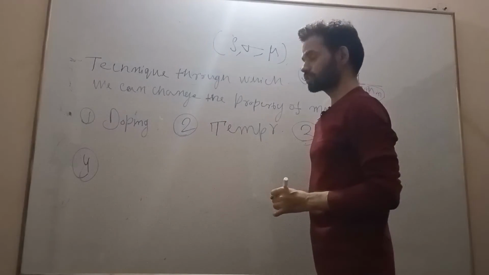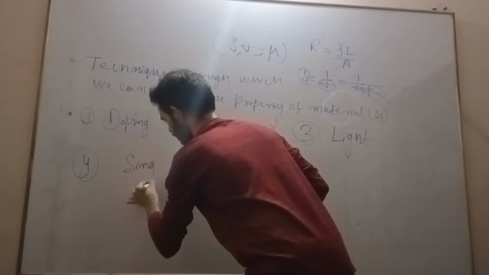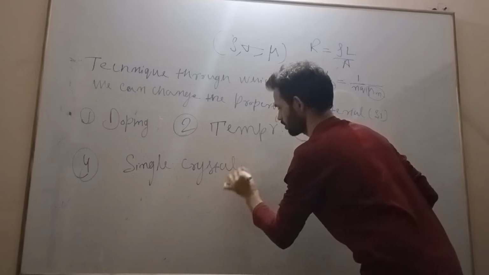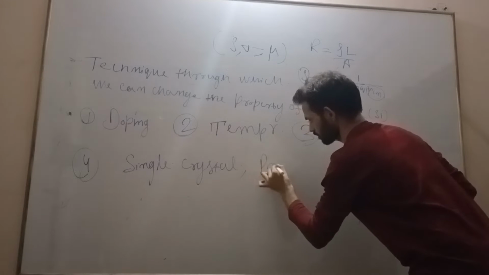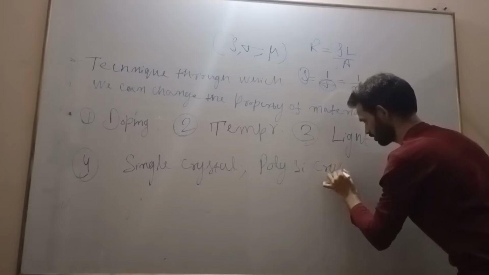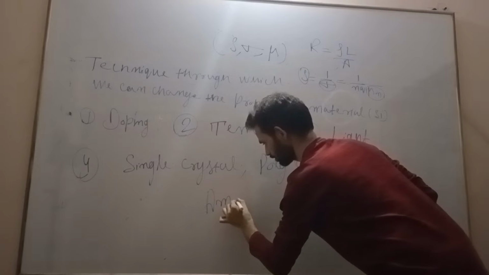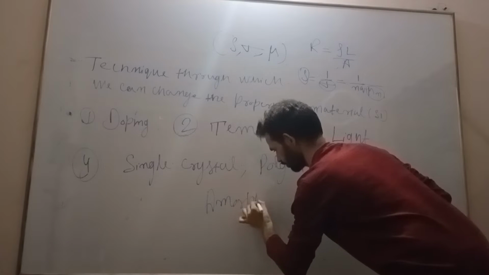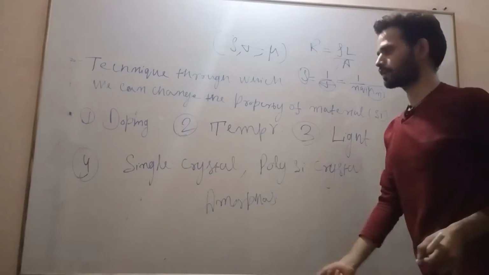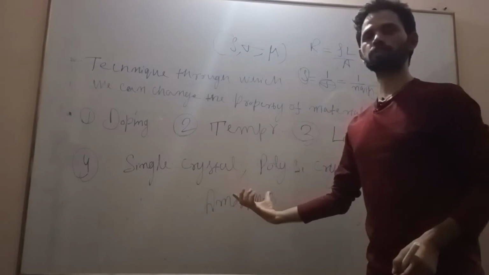The fourth technique is the type of silicon crystal: single crystal, polysilicon crystal, or amorphous, through which we can change the property of material, because a crystal is a combination of lattice plus base unit.